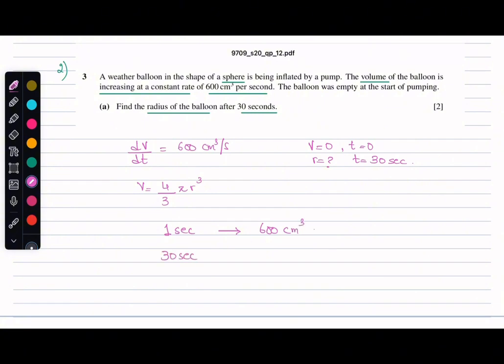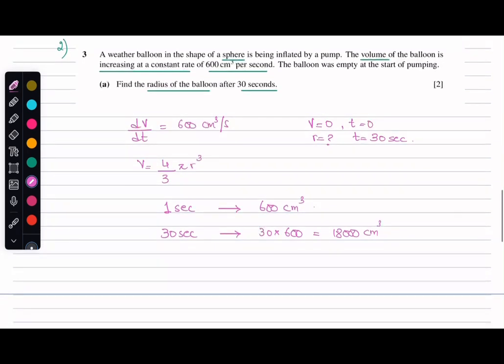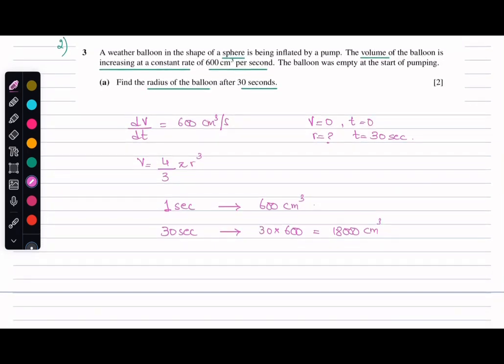So that means in 30 seconds, the inflation of this balloon should be 30 times 600, which is equal to 18,000 centimeter cube. Therefore, in 30 seconds, the balloon's volume is 18,000 centimeter cube.